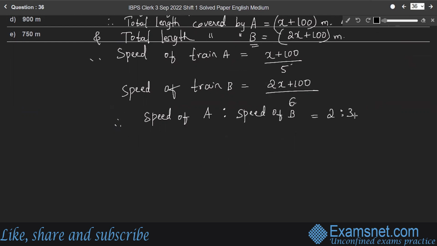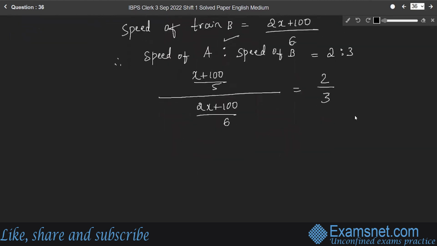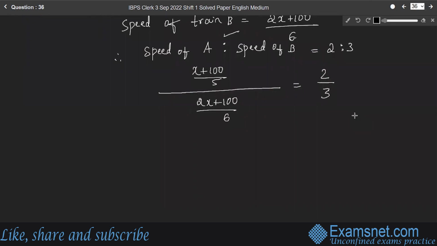So what is speed of train A? X plus 100 by 5. So whenever there is ratio, you can divide, right? So x plus 100 by 5 divided by 2x plus 100 by 6 is equal to 2 by 3. The ratio is 2:3. Therefore, 2 by 3. Simplify it.